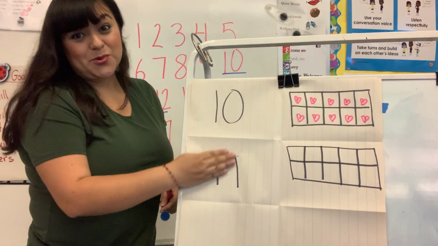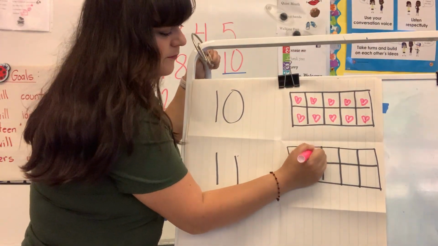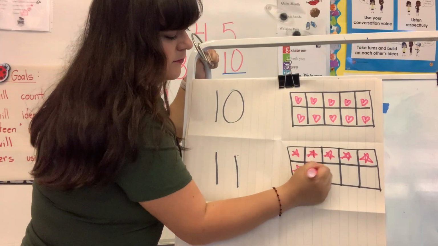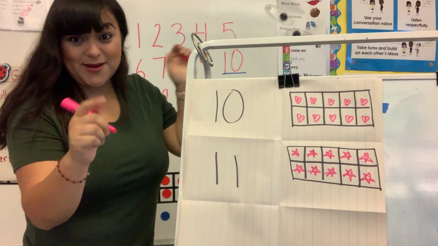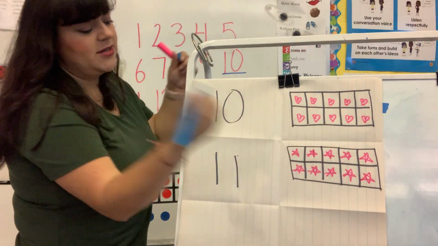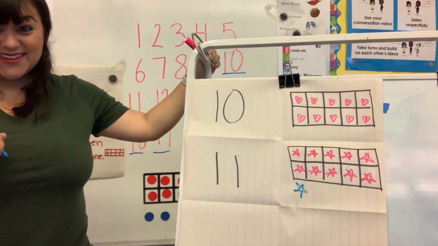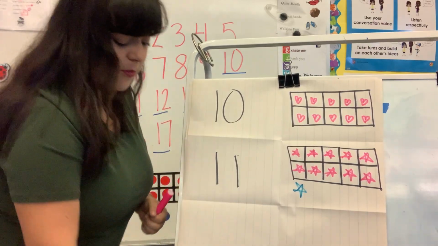Okay, so to make number 11, I need one 10 frame and one more. So I'm gonna change colors here so you can see one more. Okay, great guys. So for today, I want you to keep going.